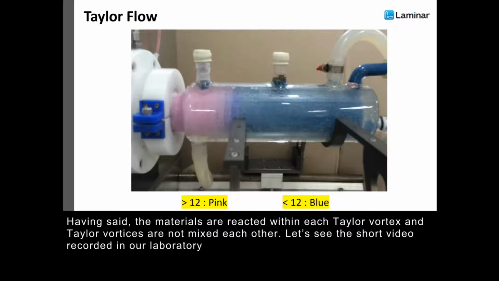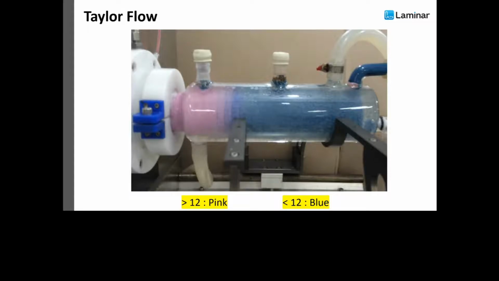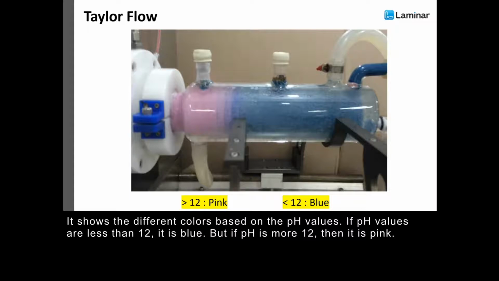Let's see the short video recorded in our laboratory. It shows different colors based on pH values. If pH values are less than 12, it's blue, but more than 12, then it's pink.